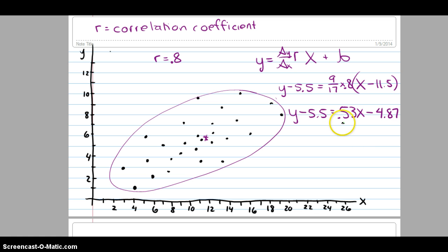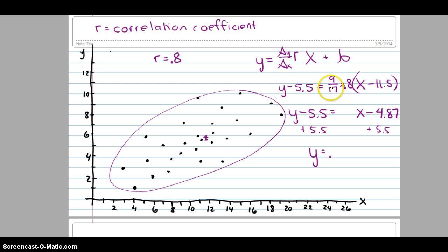Now we add the 5.5 to both sides, and y equals 0.42x plus 0.63. Oh, bad teacher, I was looking at my wrong notes and using my SD line slope, wasn't I?